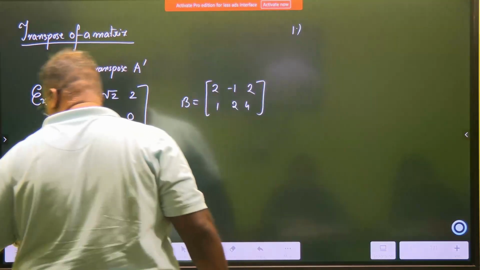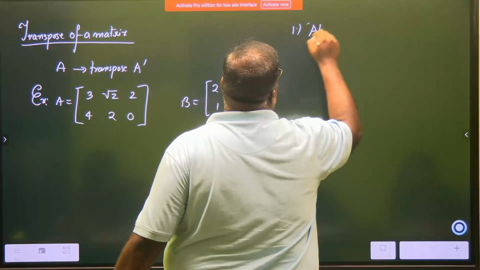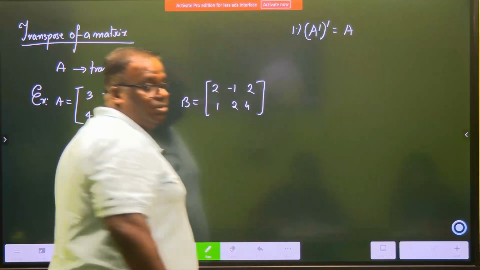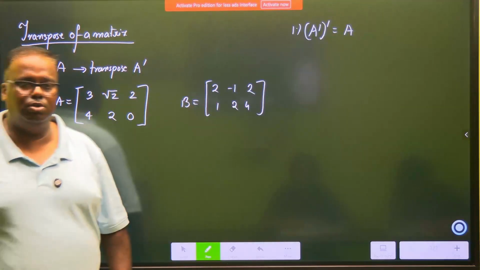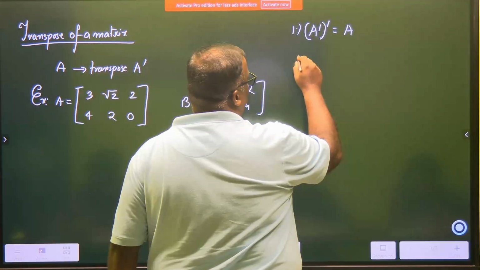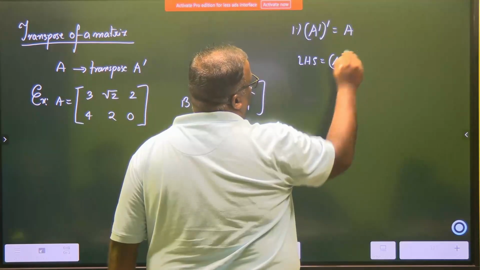Okay, so this is your parent matrix, and first thing they're asking us to prove is that A complement of a complement, or A transpose transpose, is equal to A. Will we be able to do this? So let's go by the left hand side. The left hand side is A transpose transpose.